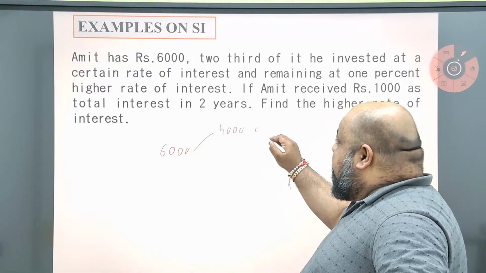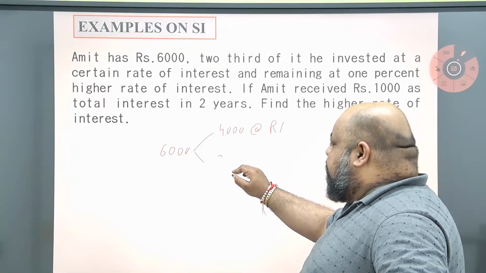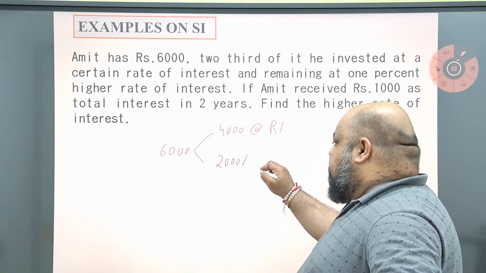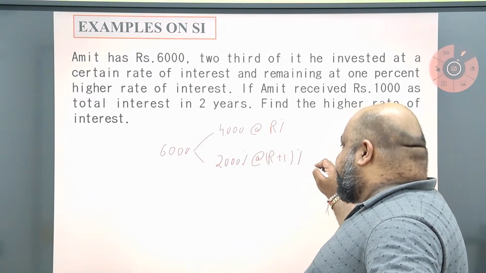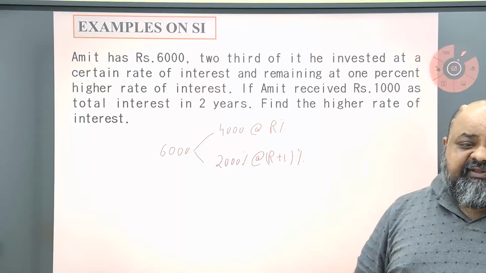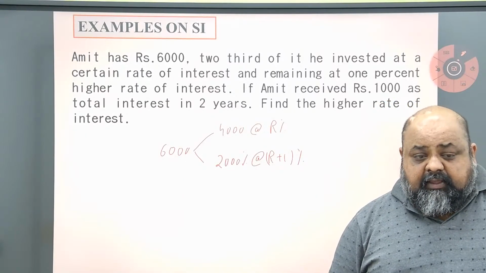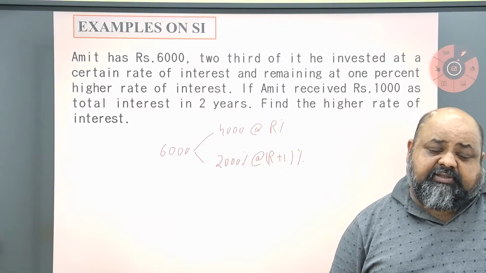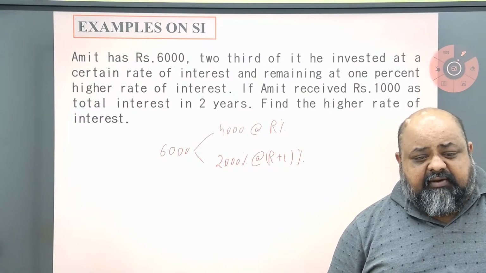This is invested at R%. The remaining 2,000 is invested at R plus 1%. Because of this, the interest that we are getting is 1,000 rupees for 2 years. We know the principal, we know the time, we know the simple interest. We just need to find out the rate.